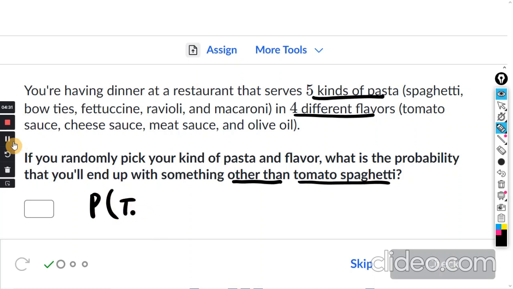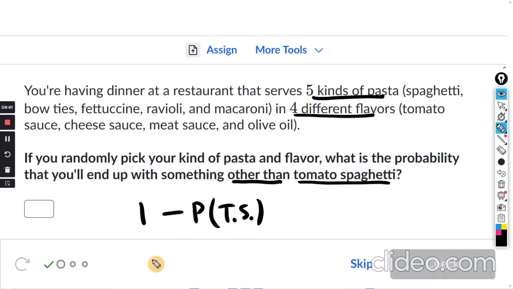Let me write this different. The probability of tomato spaghetti, and if it's something other than that, it's just going to be 1 minus that number, okay? Because in other words, we want anything that is not tomato spaghetti. So it's just going to be 1 minus that number. We're subtracting it from 100%.